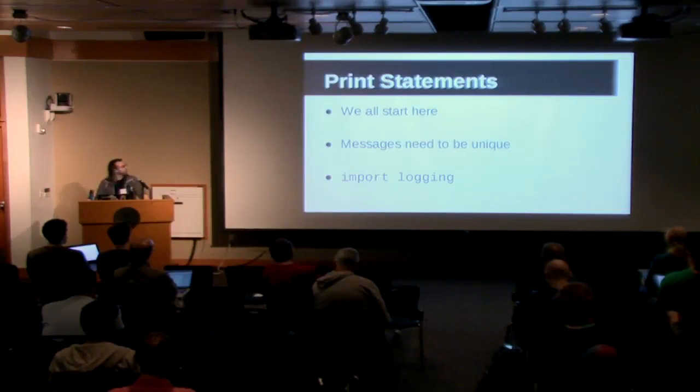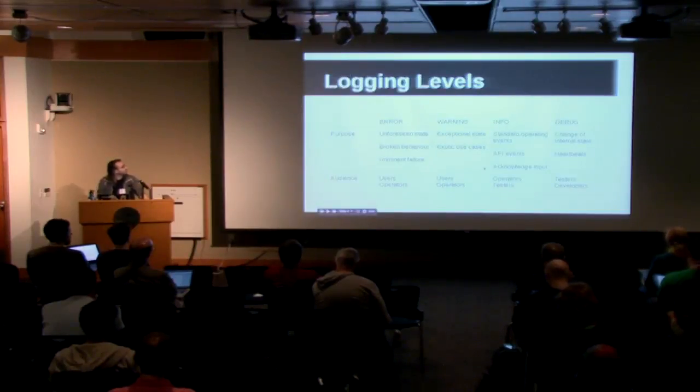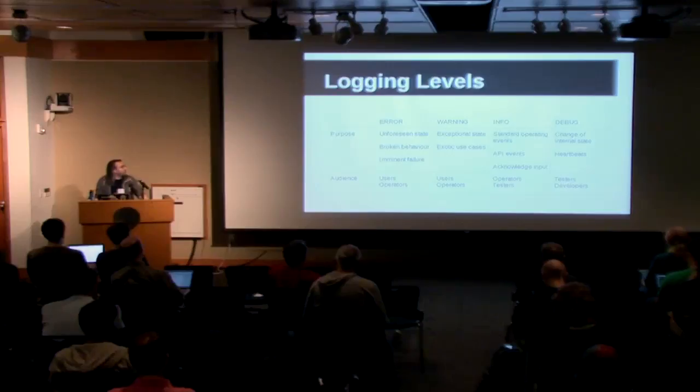I've got a couple of guidelines here for some logging levels. I think it's really important that we define what we're using each level for. We really only want to have unforeseen states and broken behavior in our error logs.